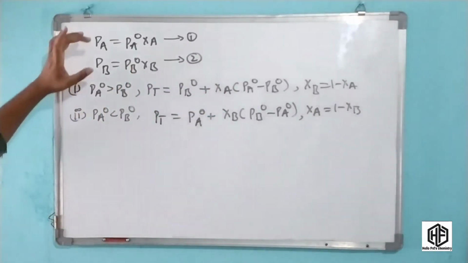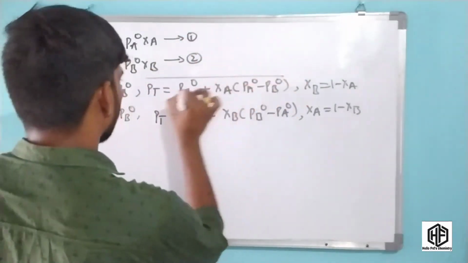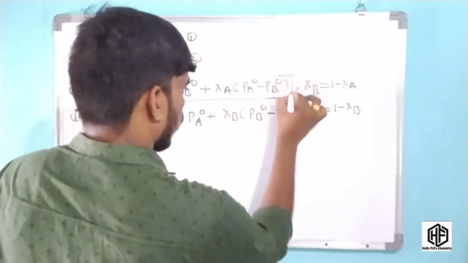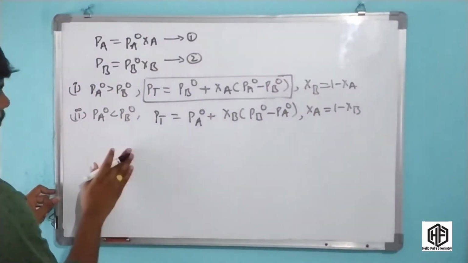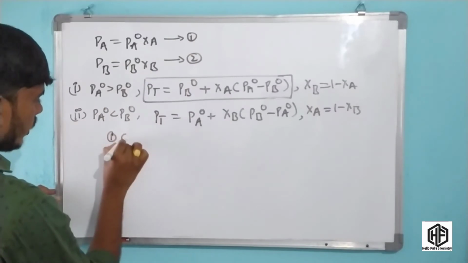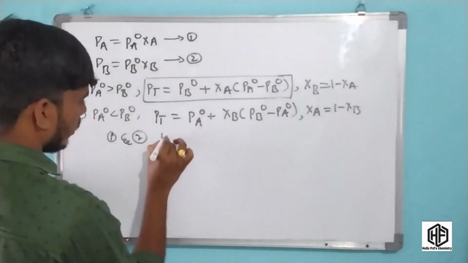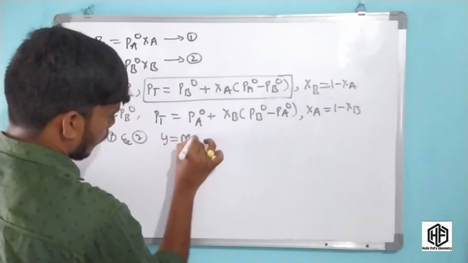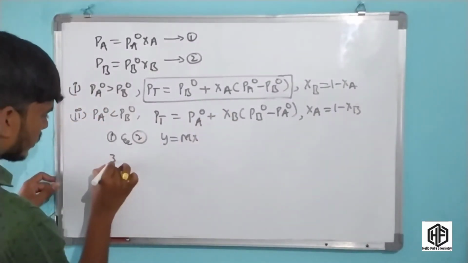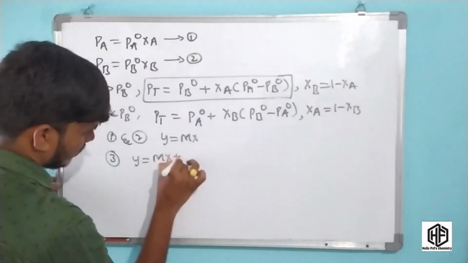Now, what is the graph representation of equations 1 and 2 and this equation 3? Okay, friends. First of all, equations 1 and 2 are compared to y is equal to mx. Equation 3 is compared to y is equal to mx plus c.